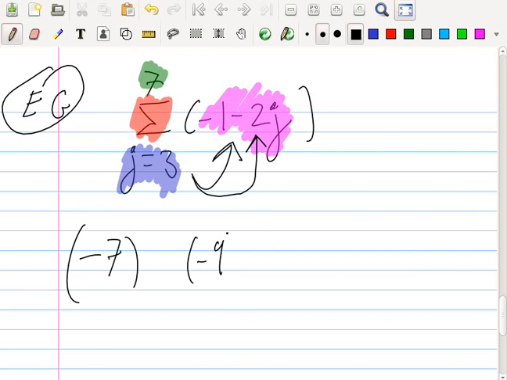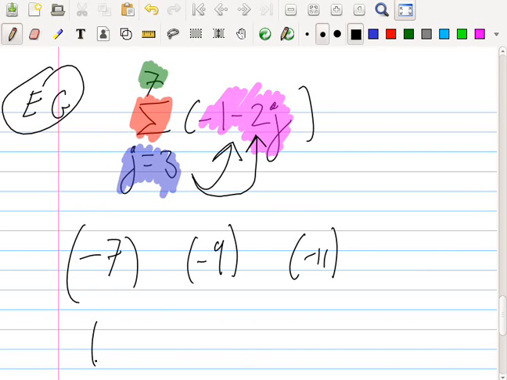Minus 9. If I put j as 4, don't I get minus 9? Yes, it's correct. So what's after 4 then? 5. So if I put in 5, minus 1 minus 2 times 5? Minus 11.